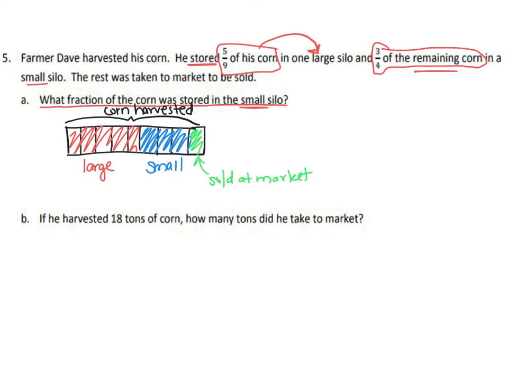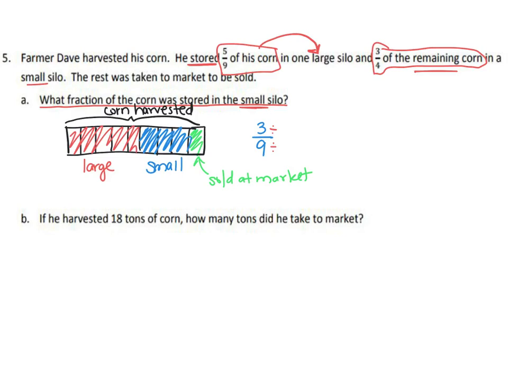Okay. The question says, what fraction of the corn was stored in the small silo? How many were in the small silo? 3. 3 what? 3 out of 1, 2, 3, 4, 5, 6, 7, 8, 9. 3/9. Can we reduce that?